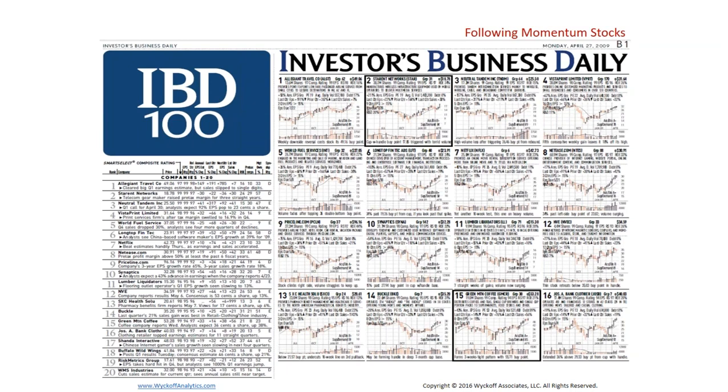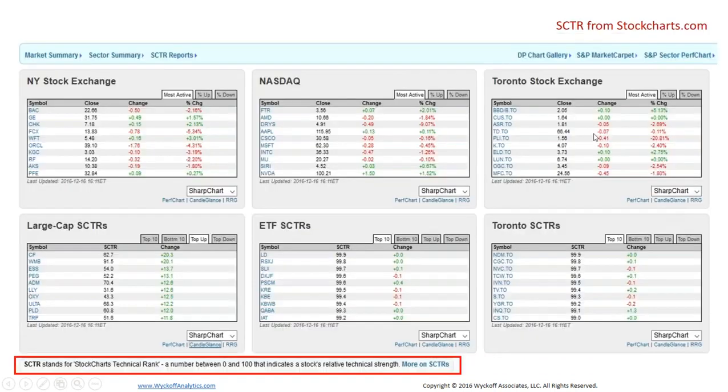But because of the prior leadership, you're going to have an opportunity to go into the stocks that were outperforming on the previous rallies. So IBD could also be a good source for finding potential selection candidates.